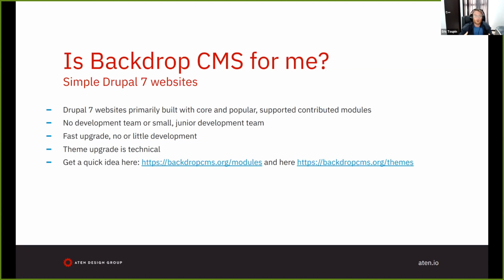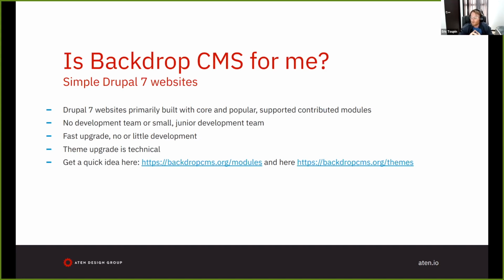So we start with simple websites. If you have a simple Drupal 7 website that is primarily built with core modules or popular contributed modules, if you don't have a development team, or you have a small development team, or maybe it's just you, well, then you can expect a fast upgrade to Backdrop CMS with little or no actual development, like writing code.